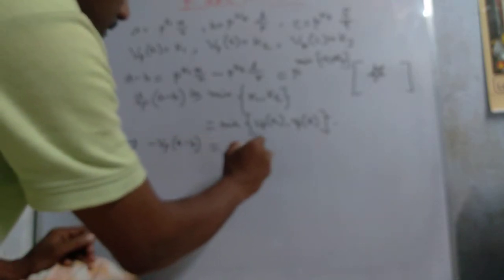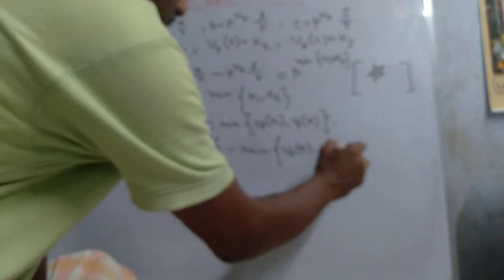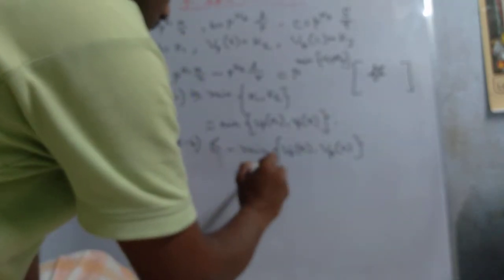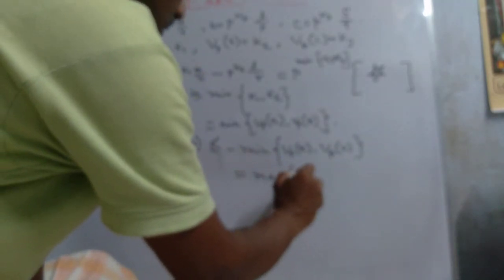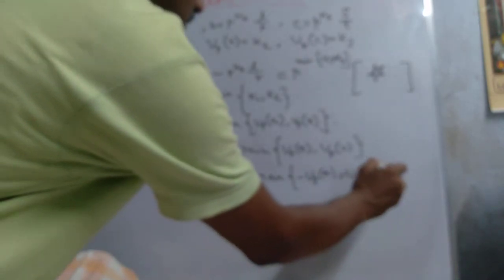Then minus v_p(a minus b) is less than or equal to minus the minimum of v_p(a) and v_p(b), because we multiplied by the minus sign, and this equals the maximum of minus v_p(a) and minus v_p(b).